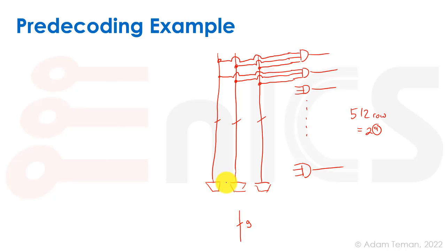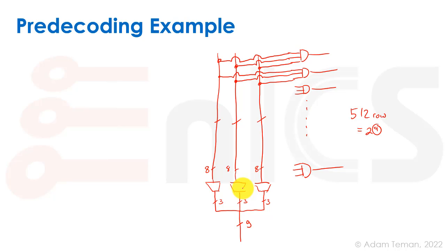If we want to do the most predecoding possible, we can just split this into 3, and give 3 bits here, 3 bits here, 3 bits here. So if these decoders have 3 bits at the input, then they obviously have 2 to the power of 3, or 8, outputs. So we're going to have 3 to 8 decoders.